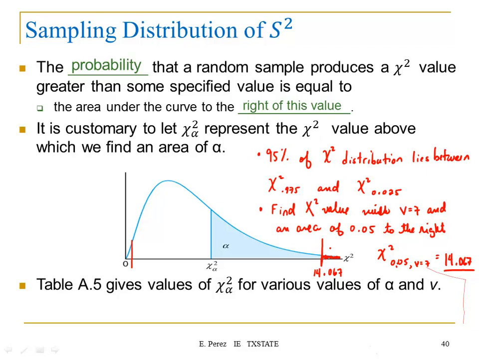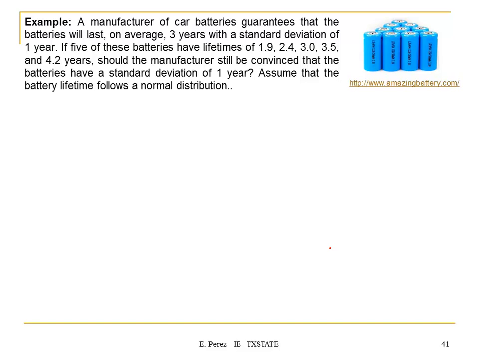Now let's look at the example. A manufacturer of car batteries guarantees that the batteries will last on average 3 years with a standard deviation of 1 year. If 5 of these batteries have lifetimes of 1.9, 2.4, 3.0, 3.5, and 4.2 years, should the manufacturer still be convinced that the batteries have a standard deviation of 1 year?